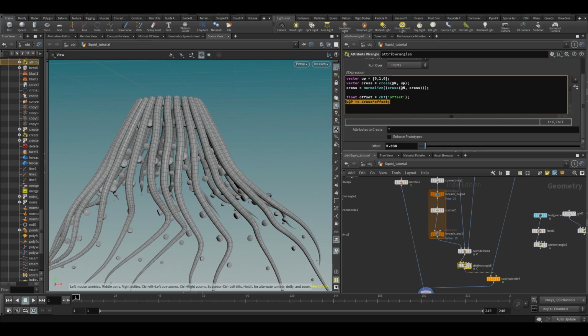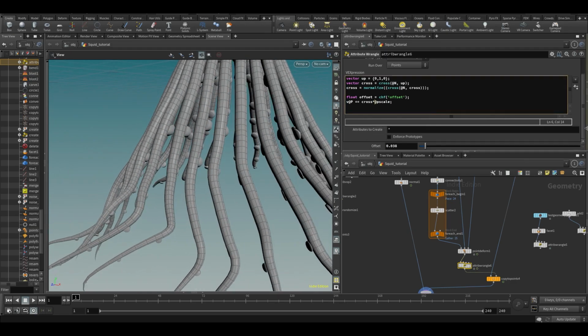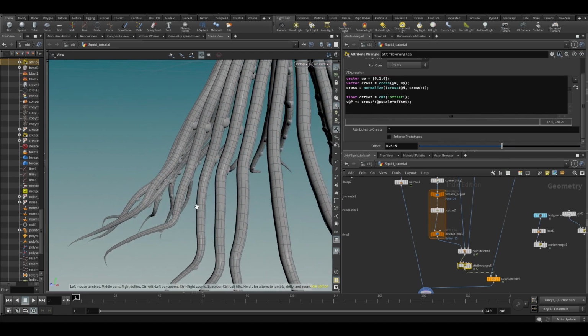So what we can say maybe instead is cross times at p-scale. So that already works, but maybe we want to include our slider so we have some more control. So p-scale times offset. So now we can increase it, and it will also take into account the thickness.